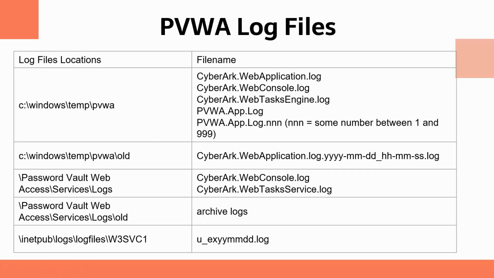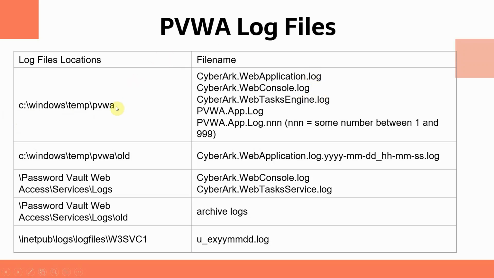Okay, moving to next. So these are some log files and some configuration of your PVWA. If you are troubleshooting issues related to PVWA, you always need to go to this path, C:\Windows\Temp\PVWA, and you can check these logs. So these are the main log files for your PVWA.